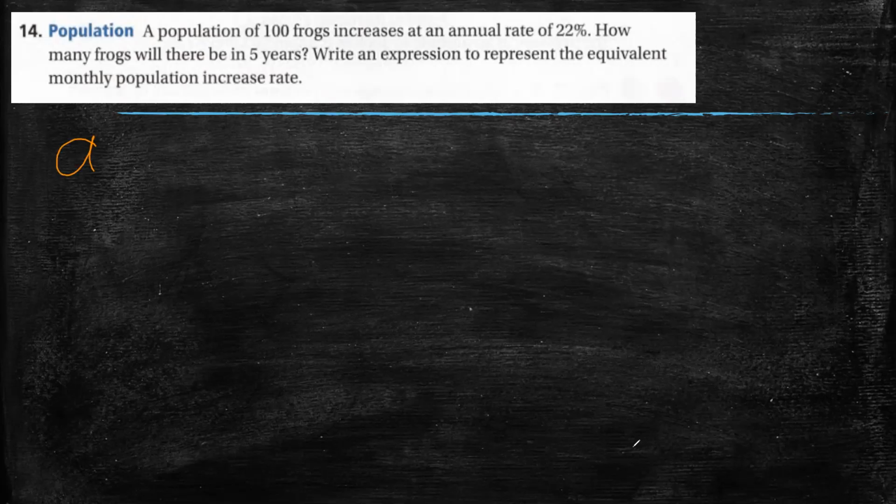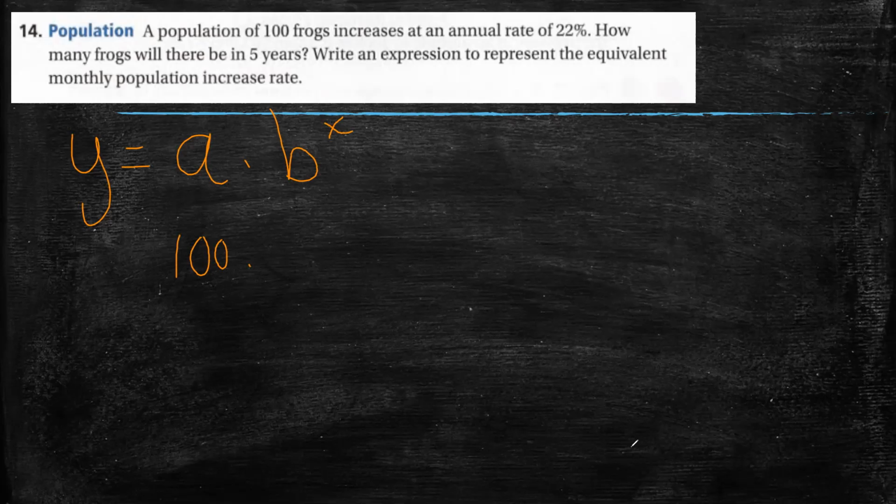So is the function a decay or a growth? Growth, because I have the word increase. So y will be A times B raised to the power x. A is 100. Now what about the base factor?